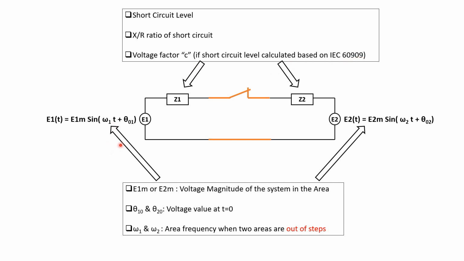60909. So to know the voltage wave equation of each area, we need to know the average voltage of the area and also the initial phase of the voltage at time 0.